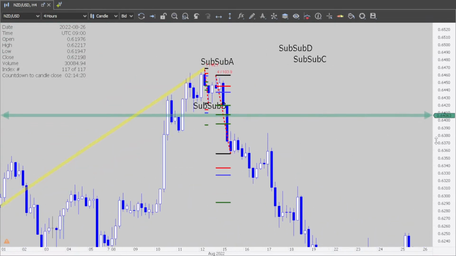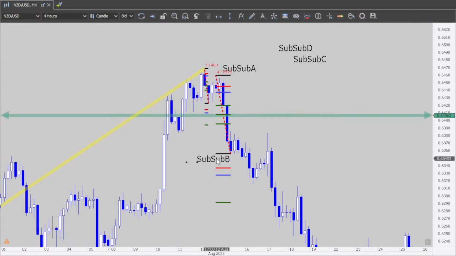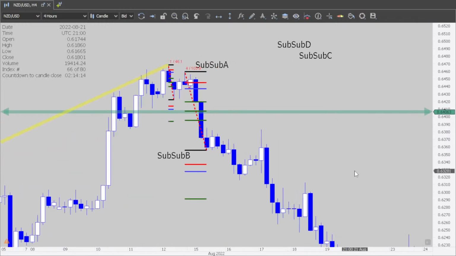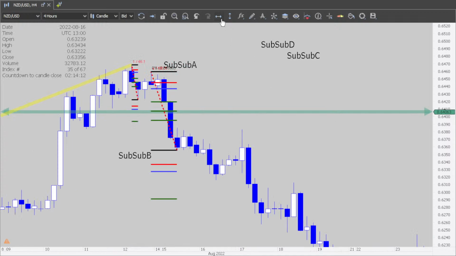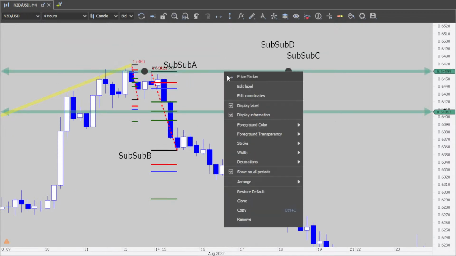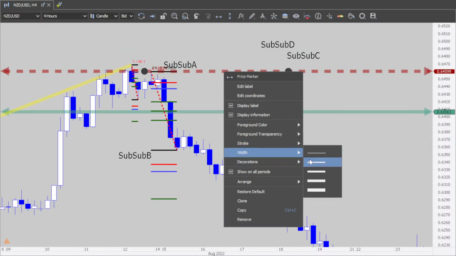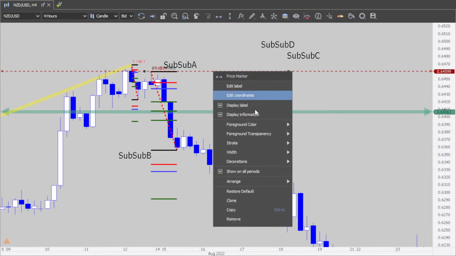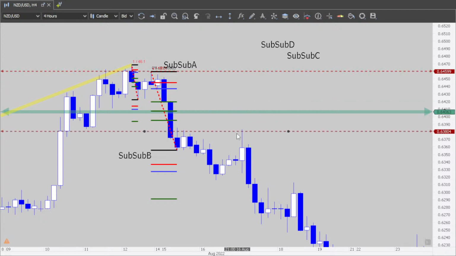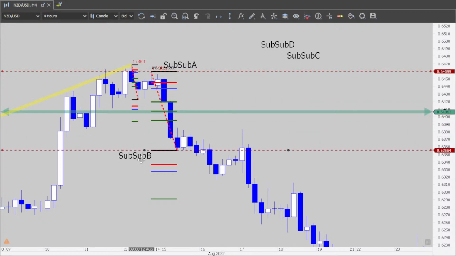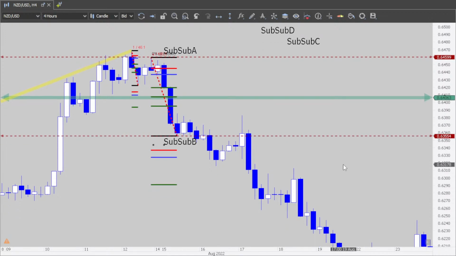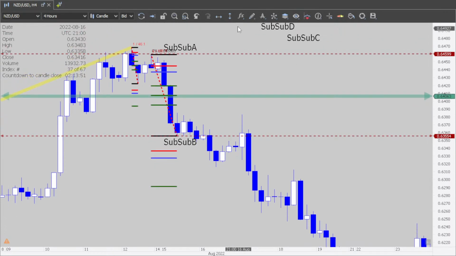Okay, so we are here. This is the new sub A, this is the new sub B, right? And best practice, put a horizontal line on the fibs, so if you lose the Fibonacci or you cancel it or you delete it, you can still have the range. Okay, now which one is this sub C, everybody?